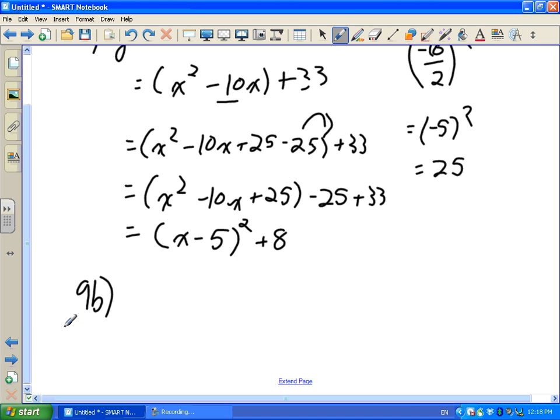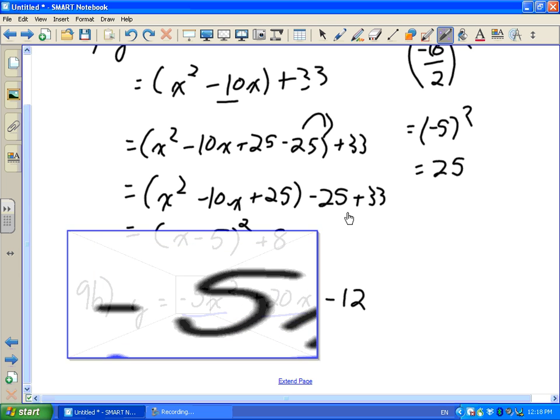9b. 9b says y is equal to negative 5x squared plus 20x minus 12. Many of you made an error on the first step. Remember, we have to divide the first two terms by that number right there.